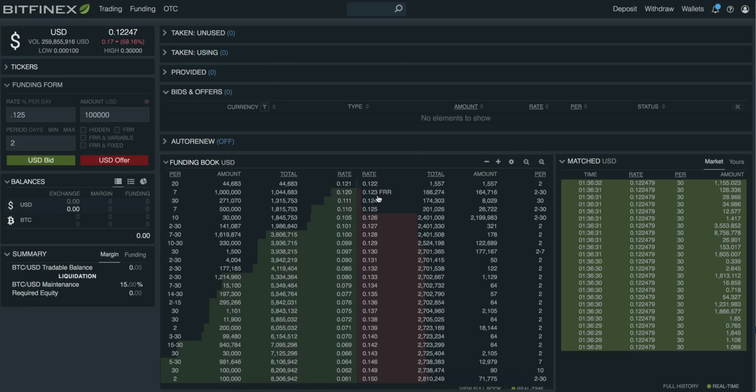There's another feature called FRR, the flash return rate. If you want to walk away and have this auto lend for you, you could set it at the flash return rate and just click the renew tab once it gets on there, and it'll automatically keep lending this out for you. You can basically set it and forget it. You could walk away for a year if you wanted to, and it'll keep lending it. The way they calculate the flash return rate, I believe, is every hour.